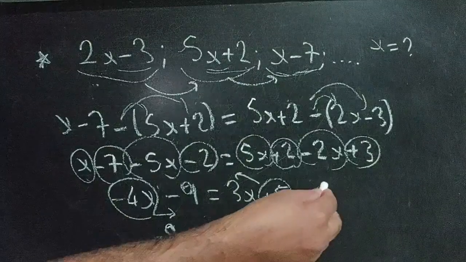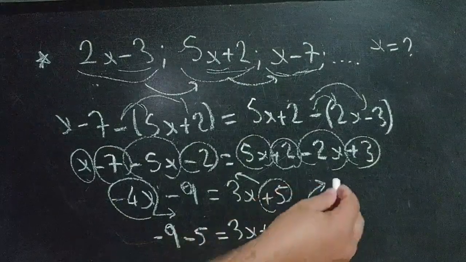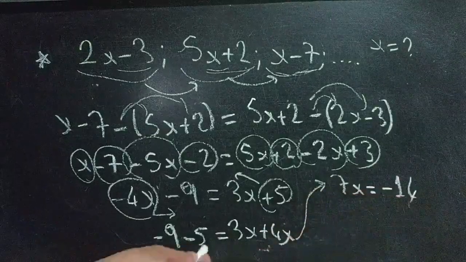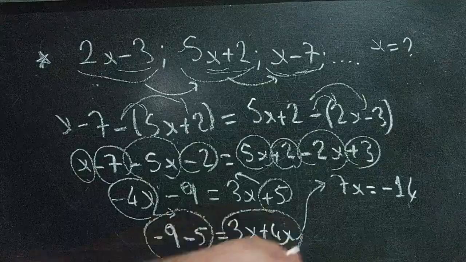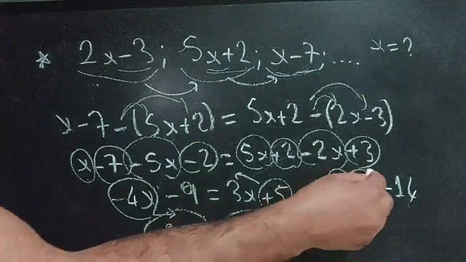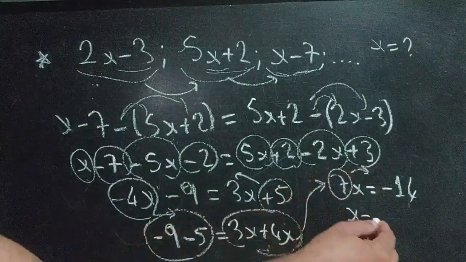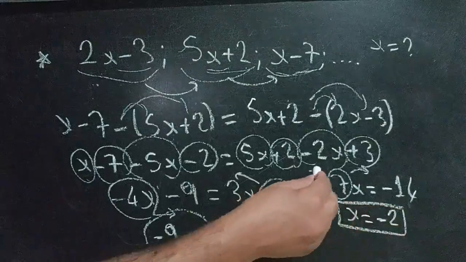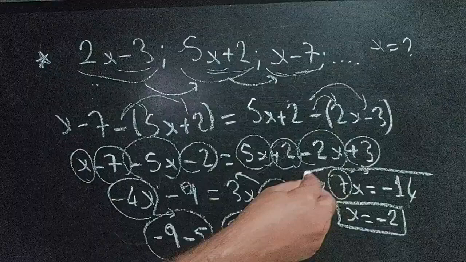So let me continue from there. That will be 7x equals negative 14, right? This one will go to the other side as division. x will be negative 2. So I got the value of x as negative 2.